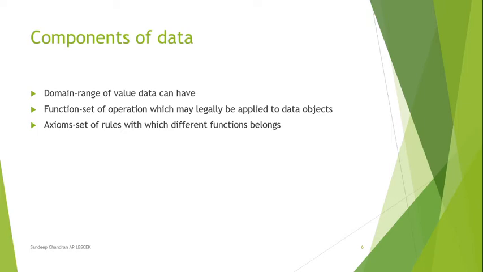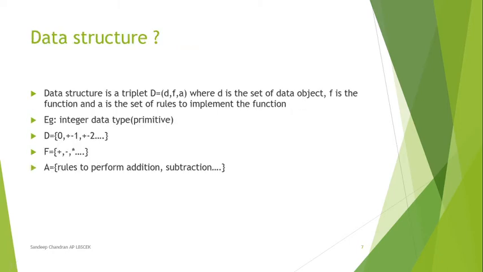Then axioms means the set of rules to which different functions belong. So what are the rules that we have to follow while writing and performing the functions? That's axioms. So these are the three components: domain, functions, axioms.